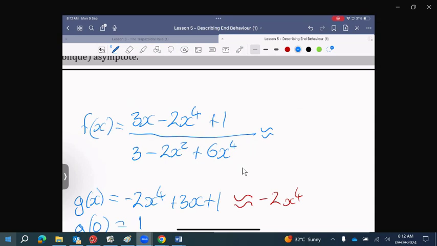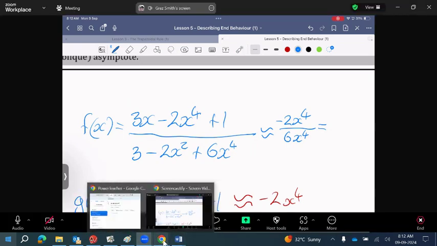Yes? Negative 2x to the 4 over 6x to the 4. If you simplify that algebraically now, discuss with the person next to you. Simplifying that algebraically, what number does it become? To the person next to you, quietly.